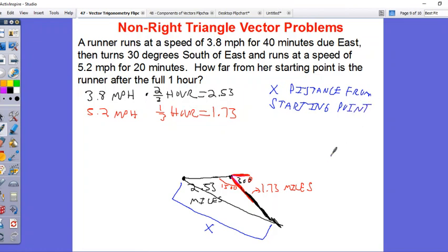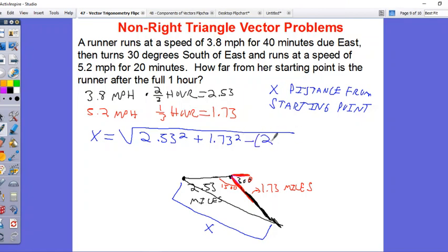And we can once again use the law of cosines. x is going to be equal to the square root of 2.53 squared plus 1.73 squared minus 2 times 2.53 times 1.73 times the cosine of 150.